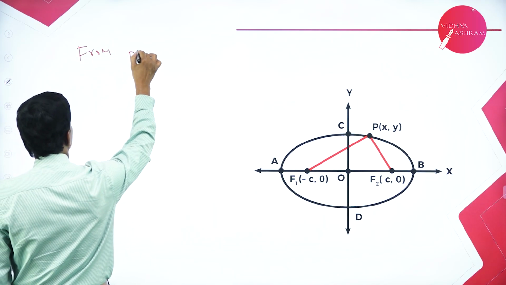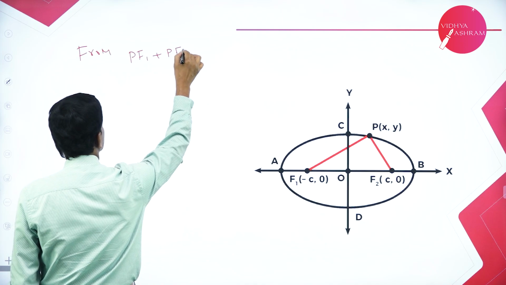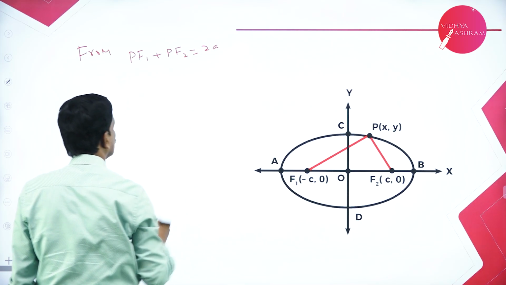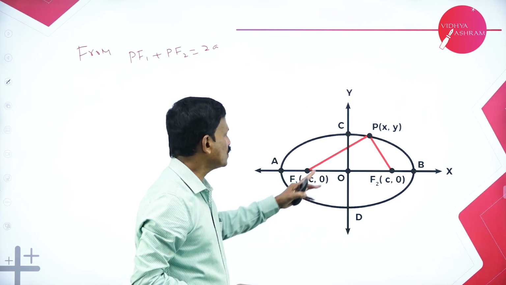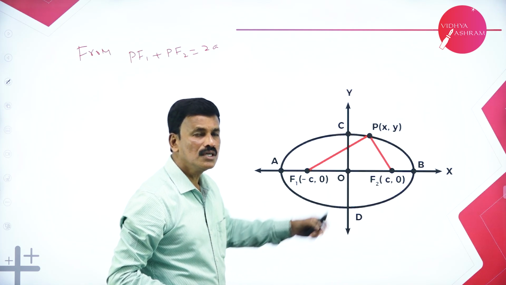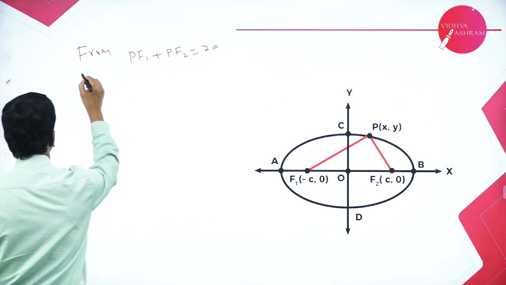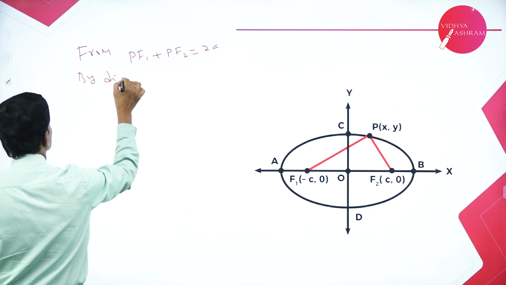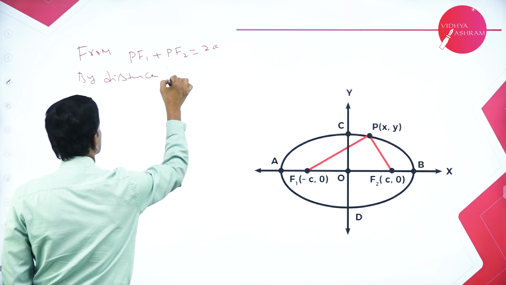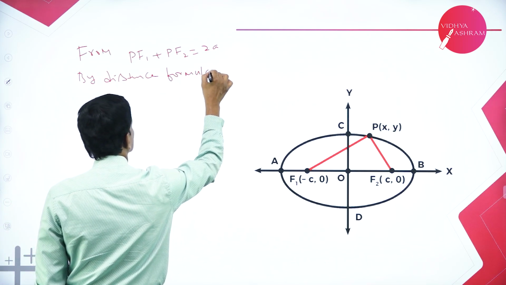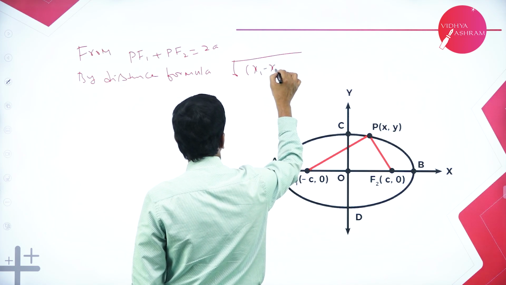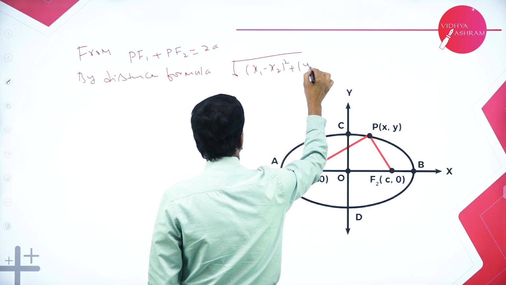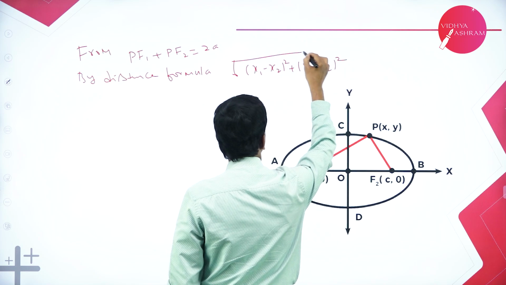Now, PF1 plus PF2 is equal to 2a. PF1 is nothing but the distance from P to F1, and PF2 is the distance from P to F2. By the distance formula, that is root of (x1 minus x2) whole square plus (y1 minus y2) whole square.